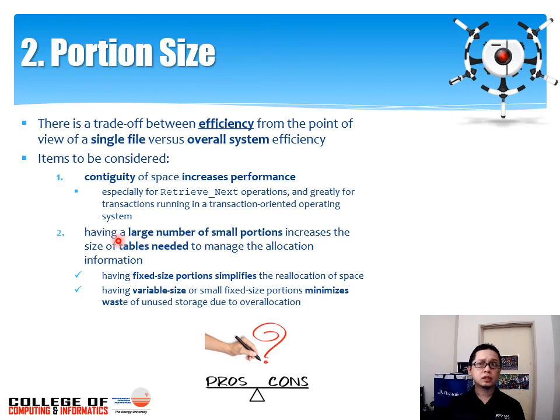So this consideration of the portion or block size also needs to be considered by the operating system to ensure that the block sizes are optimally used when the files are being saved into the secondary memory. So either you have a continuous space that can be used for files, or you can have small portions of blocks of memory that can be used for files later on according to the needs.